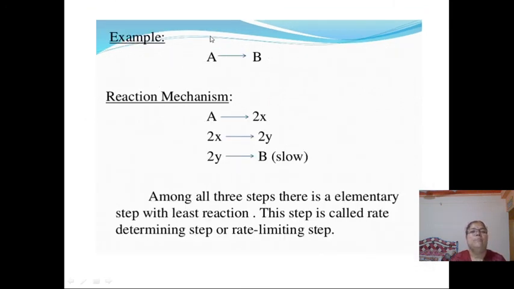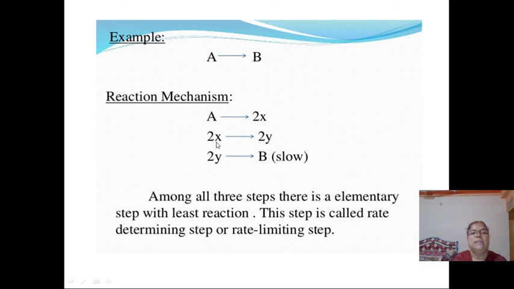Suppose, for example, we have A as a reactant and it gets transformed into B, and B is our supposed product, and suppose this conversion of reactant into product is a three-step reaction. In the first step we have A giving 2x.